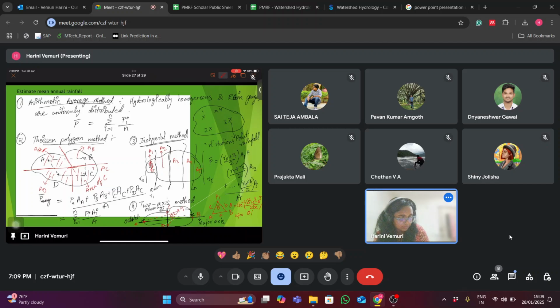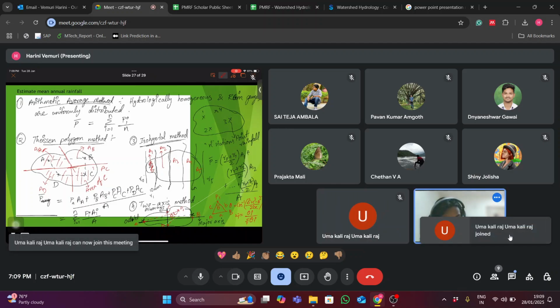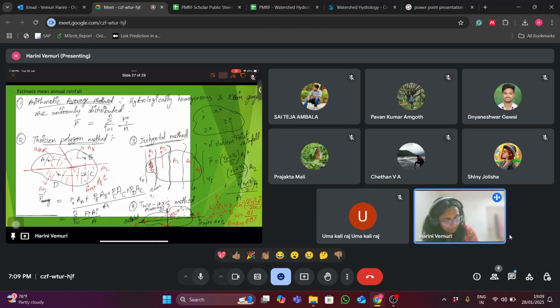Weights are equal to theta i by sigma of theta i for all i. And the average rainfall is calculated as sigma of i, Wi into Ri.